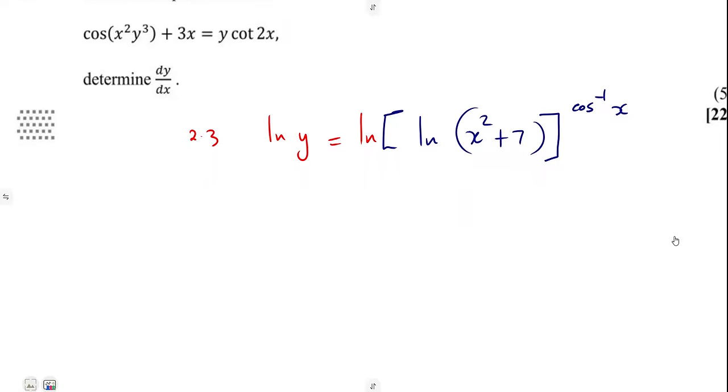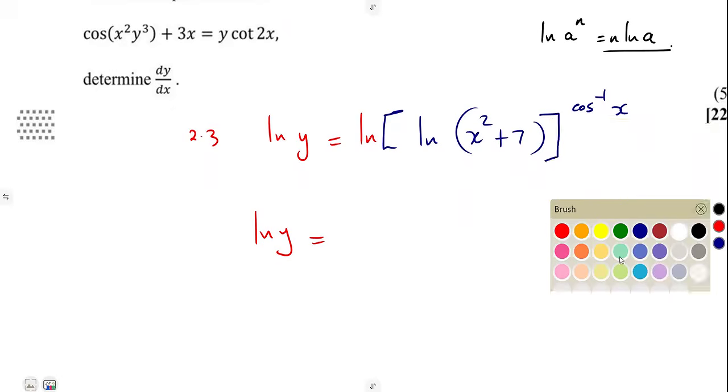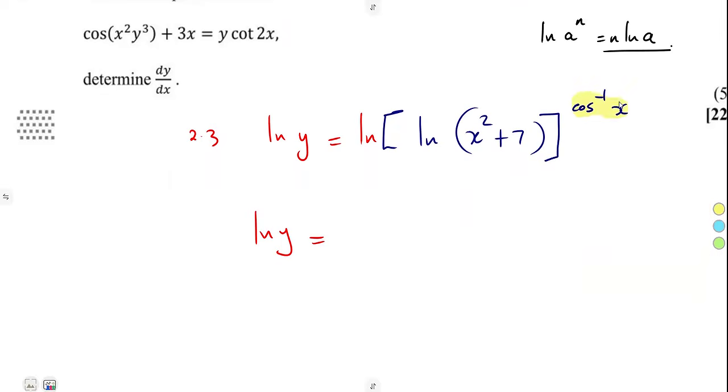So we have introduced an ln, but remember, when we have a log of a certain number, let's say the ln of a to the exponent of n, you drop the exponent, so that's n ln of a. So meaning to say the ln of y is equal to, there is our exponent, which is what? Arc cos of x.